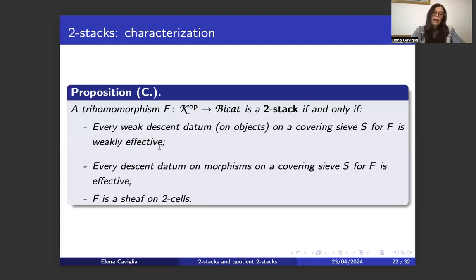So we don't know how to define a weak descent datum or how to define this weak effectiveness in detail. And so the idea is that our abstract definition guides us in finding the right explicit conditions to ask. And so this is the notion of two-stack.